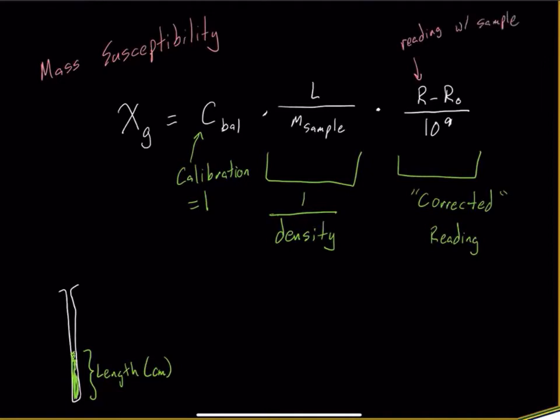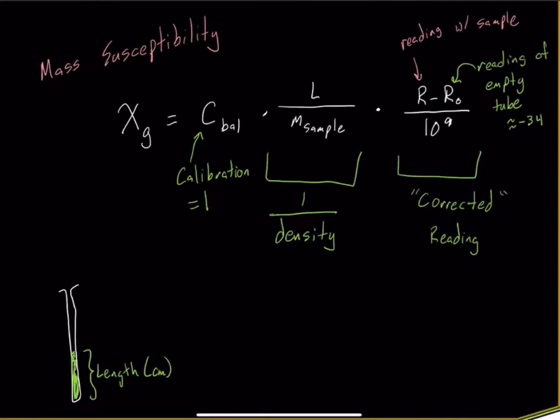And this R naught is just the reading of the empty tube. The reading of the empty tube is almost always about -34 is what this number works out to be. This is provided for you in the data tables that have the information for you to process.